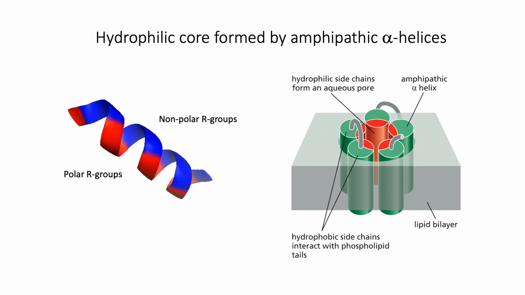So what's showing here, on the left-hand side, is an example of the amphipathic alpha helix with the nonpolar on one side and then the polar groups on the other side.